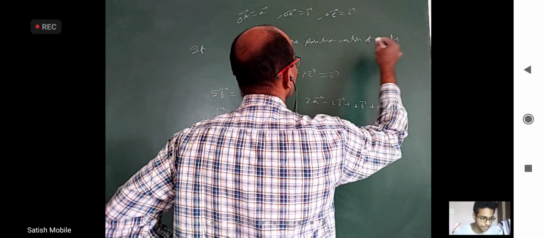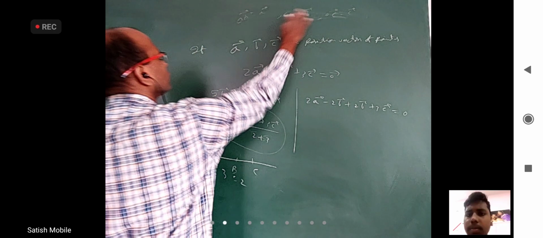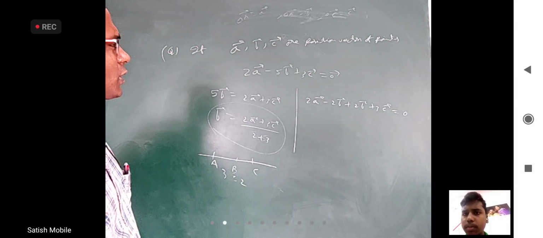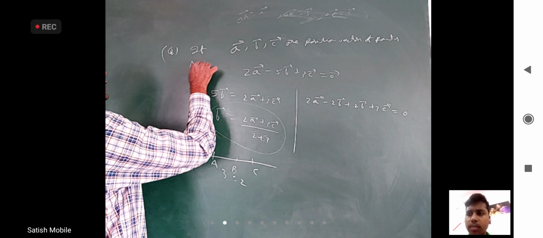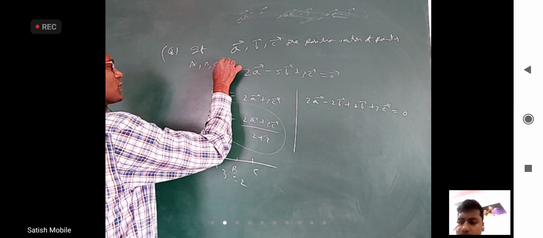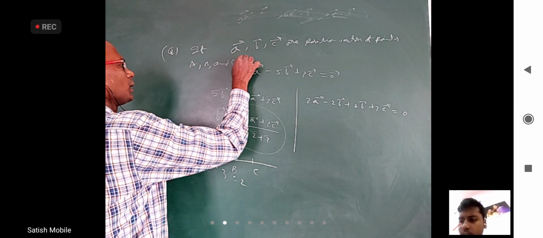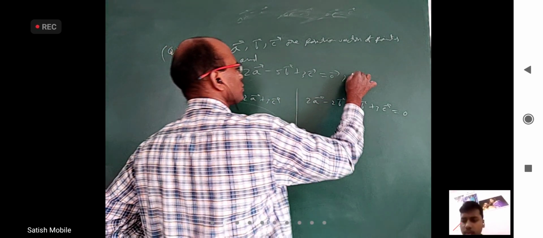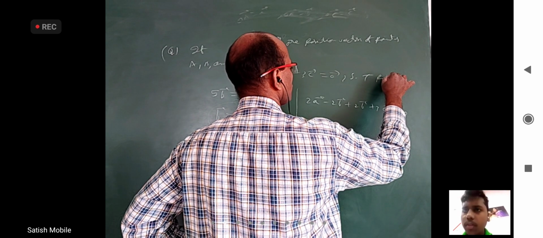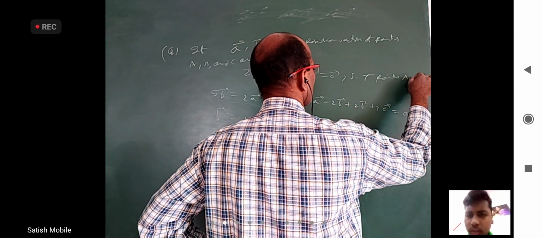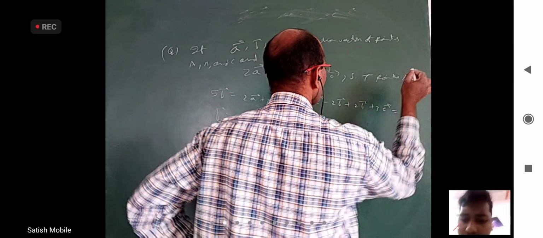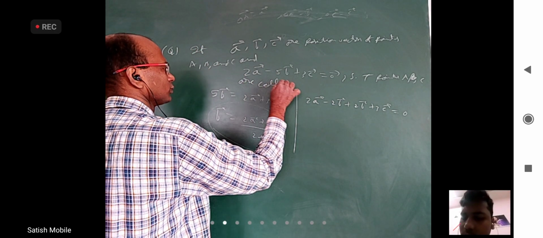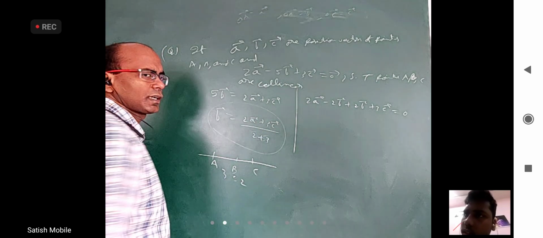In your notes, write this question. If A bar, B bar, C bar are position vectors of points capital A, capital B, and capital C, and 2a bar minus 5b bar plus 3c bar equal to 0, show that points A, B, C are collinear. Okay, you can write that as a question.